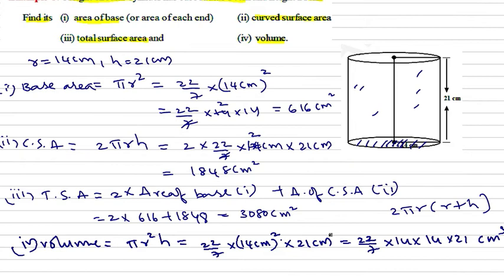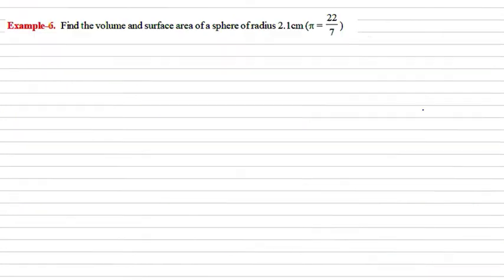So here square and here 1 centimeter, that is total centimeter cube will come. If you are multiplying, this answer is 12,936 centimeter cube. So therefore the volume of a cylinder is 12,936 centimeter cube.